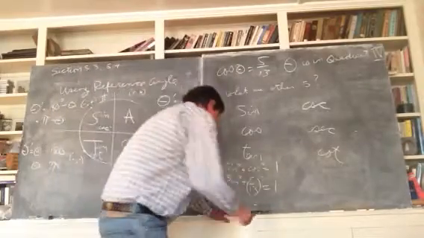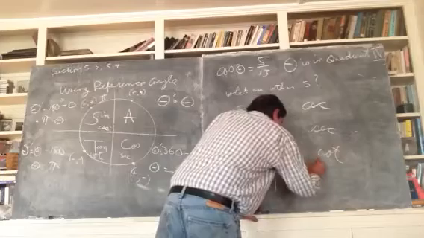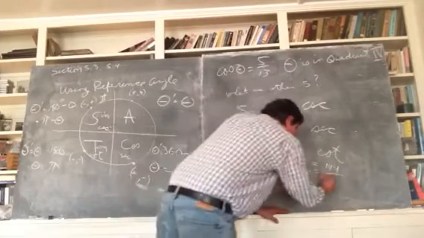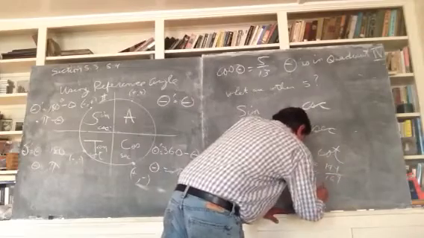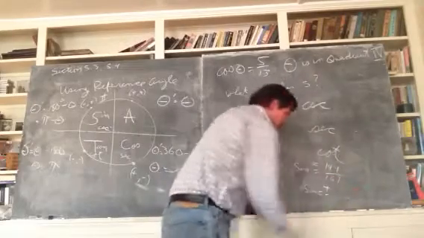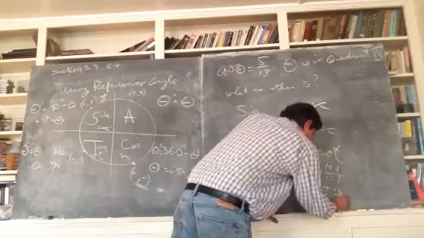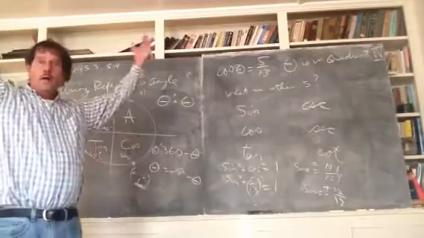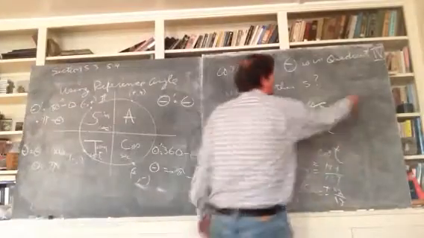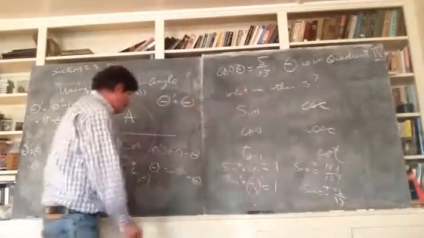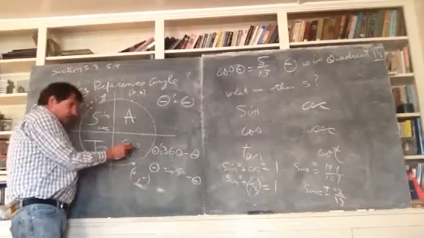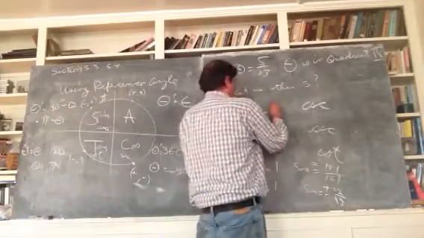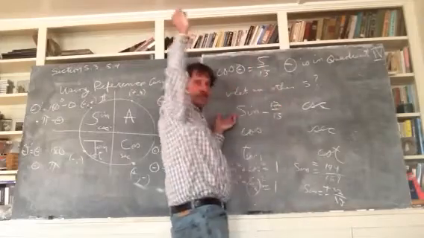It's 144 over 169, so sine is plus or minus 12/13. Now, it's plus or minus. We don't know. Well, we do know because it's in quadrant 4. Sine is negative because the only positive there is cosine. So then it's negative 12/13.